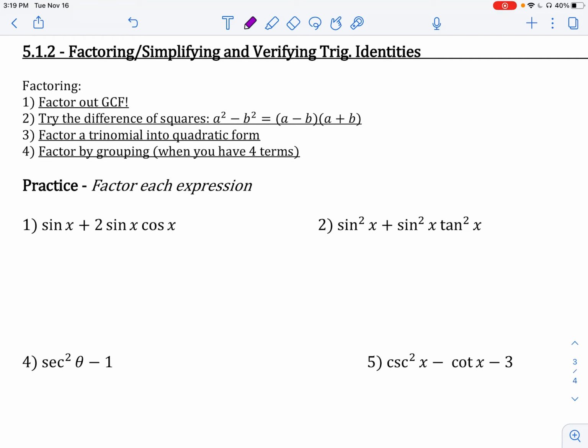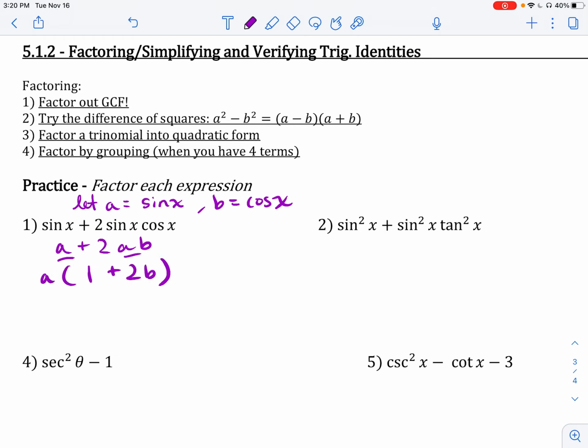For example, if I let a be equal to the sine of x and b equal to the cosine of x in this very first example, then this is no different than trying to factor something like this, which we could say, all right, a is a common factor in each, so I have 1 plus 2b.